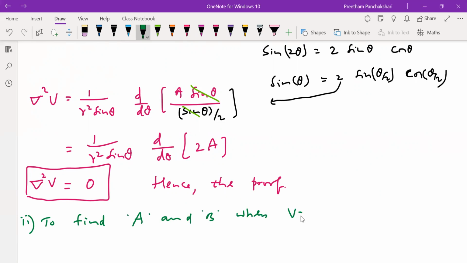One is V equal to 100 volts and another one is magnitude of E equal to 500 volts per meter. But at some point P, which is given.